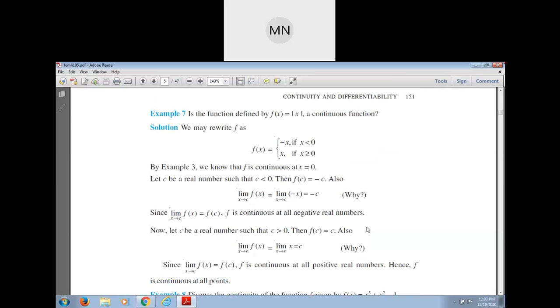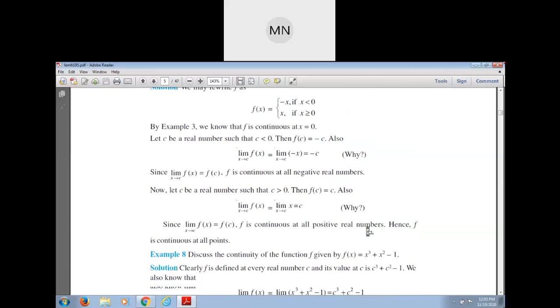It satisfies the condition, and for x equals 0, it satisfies the definition of continuity. So from these three cases we can say that f is continuous at all real numbers. Okay, is it clear? Yes, ma'am.